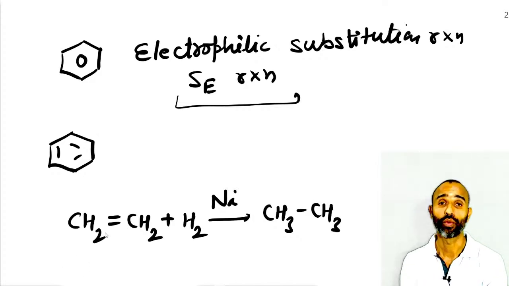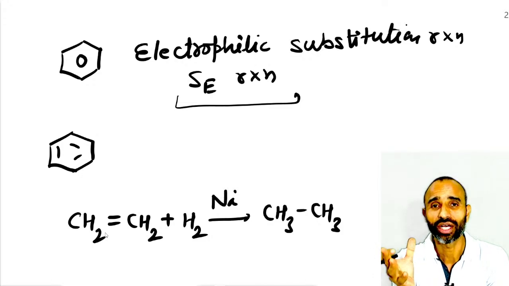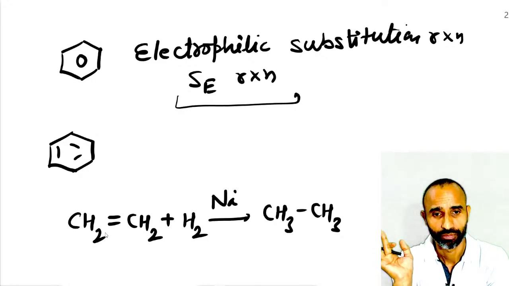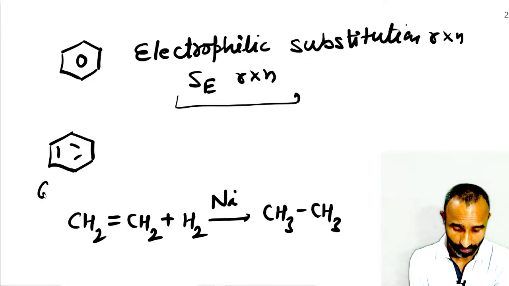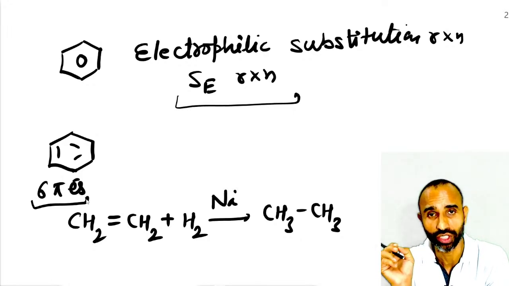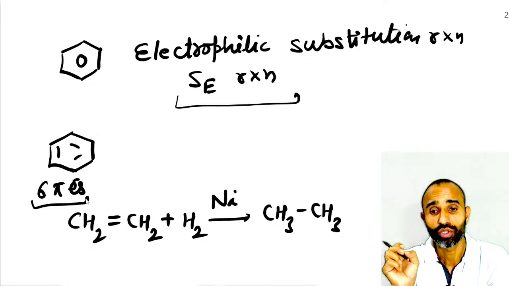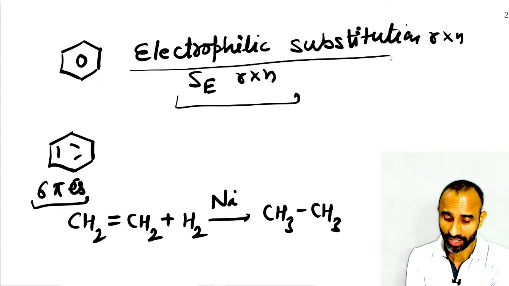Whenever there is a pi bond, there is a bright chance of addition reaction. But in benzene, there are 6 pi electrons. In spite of the presence of a high degree of unsaturation, it undergoes electrophilic substitution rather than addition.